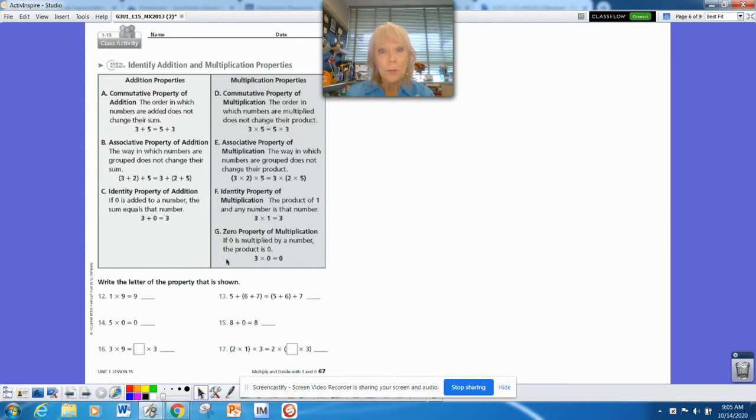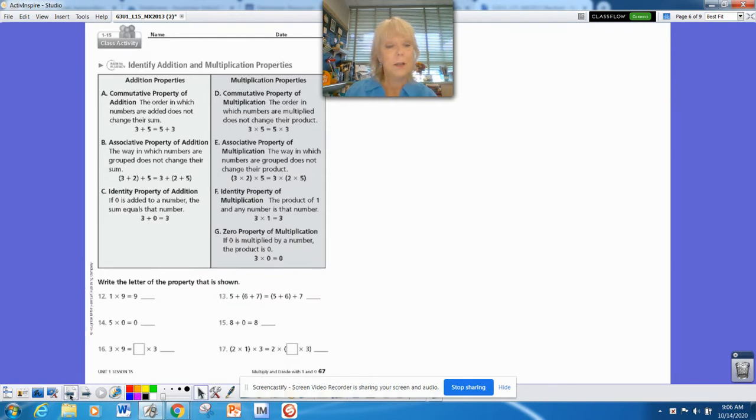You can have 0 times 5, but that just means 0, 0, 0, 0, 0, 5 times, which still is 0. And you can have 5 times 0, but again, if you're multiplying by 0, there's nothing there. So that's basically the identity property for 1 and the zero property of multiplication.